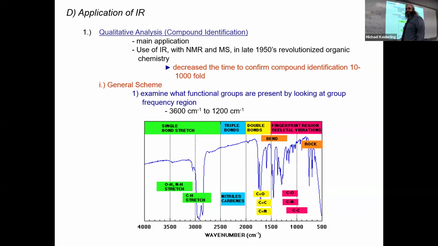So structurally, you get down to about here-ish, because it's hard to get actual information out of this fingerprint region because it's not so predictable. But if you want to identify that you have a compound you've previously measured, that region is very useful.